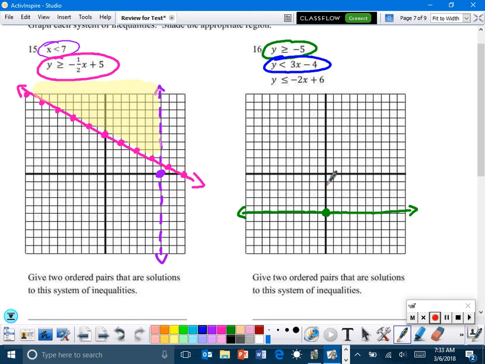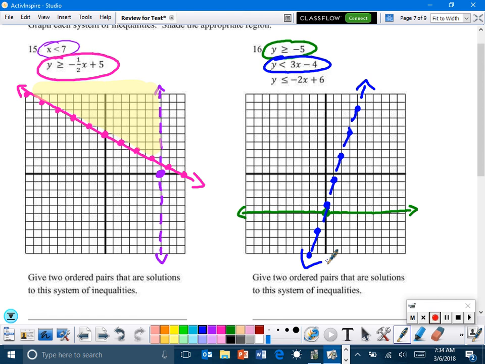Y-intercept negative 4. Slope 3. That one is a dashed. When I shade it, I will shade below that line.